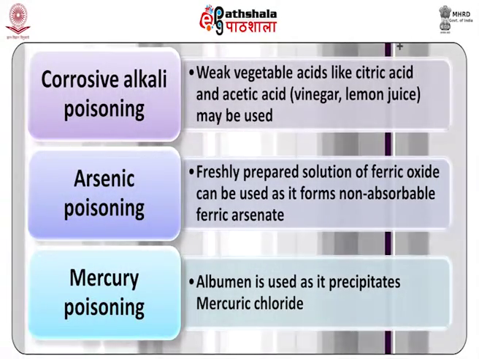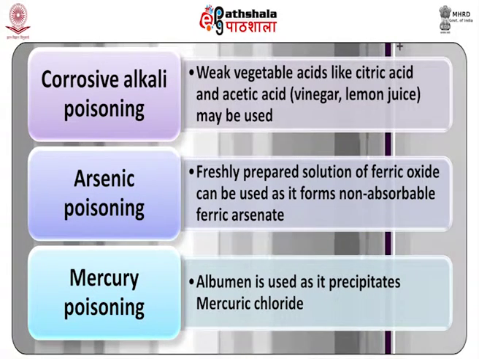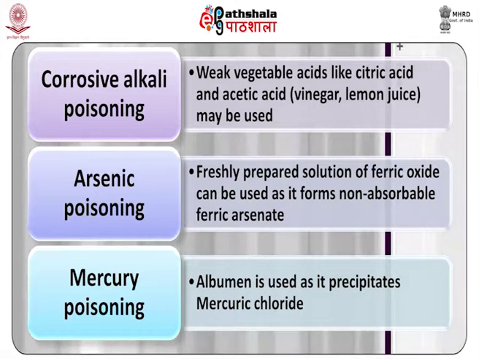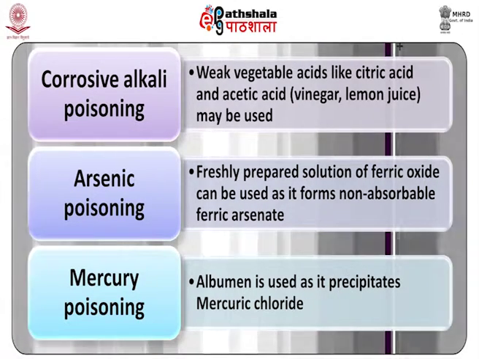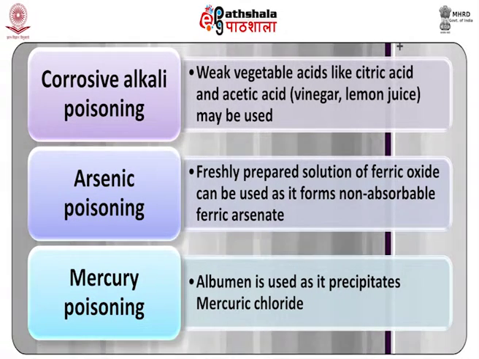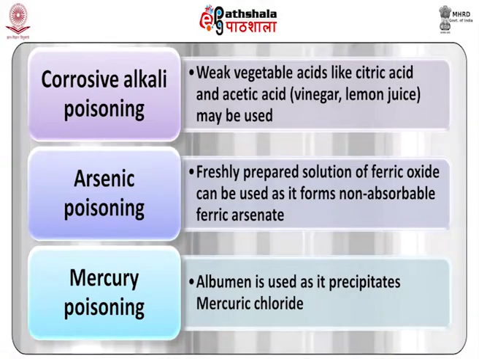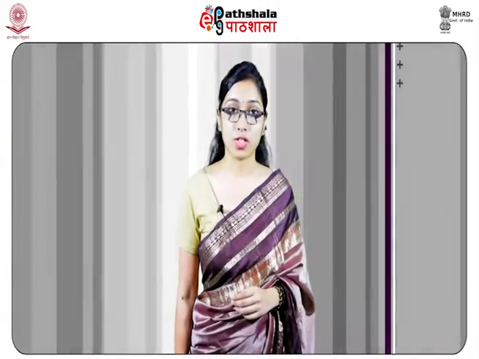In corrosive alkali poisoning, weak vegetable acids like citric acid and acetic acid, such as vinegar and lemon juice, may also be used. For arsenic poisoning, a freshly prepared solution of ferric oxide can be used as it forms non-absorbable ferric arsenate. Albumin is used for mercury poisoning as it precipitates mercury chloride. Copper sulfate is an antidote for phosphorus.